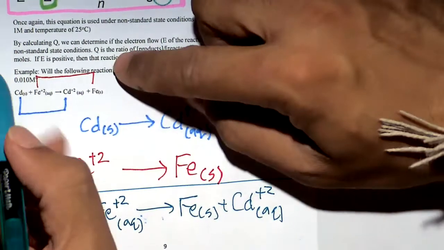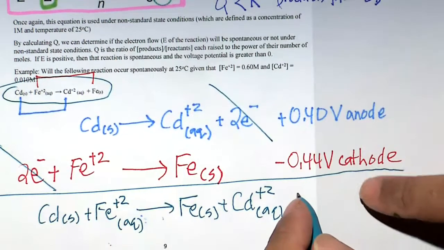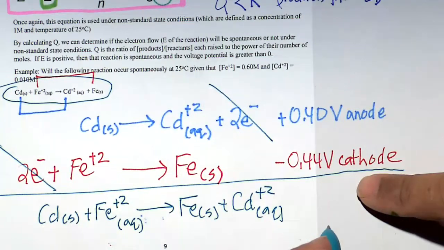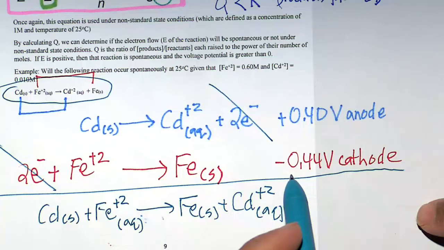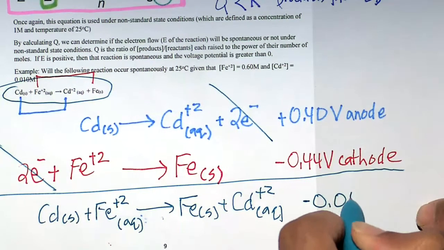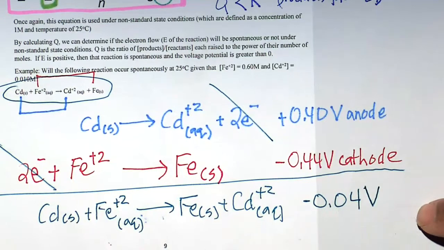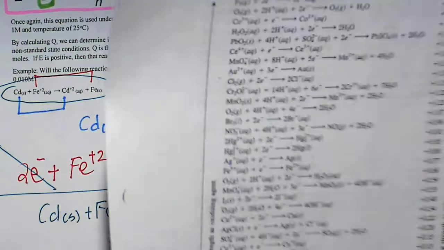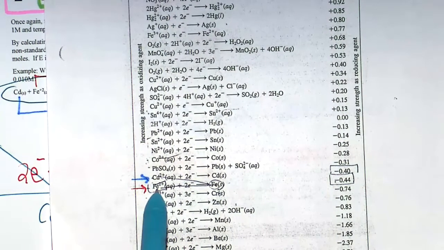And look, we just got the same old reaction, but what's interesting here is, what's 0.4 minus 0.44? Minus 0.04 voltage. So here it's a reaction that does not occur. Cadmium can oxidize iron.